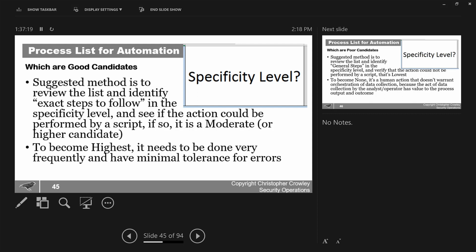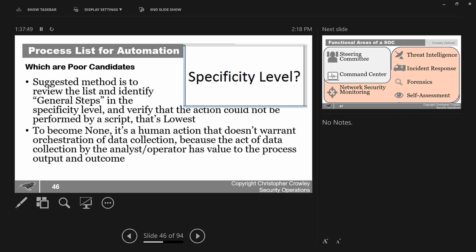If you're telling an analyst you have to do this exactly this way for whatever reason, that's a really good candidate for orchestration automation. Okay? And then I would put that in either moderate or highest in terms of priority. And it needs to be a task that is done frequently and a task that has minimal tolerance for error for it to achieve the highest ranking.